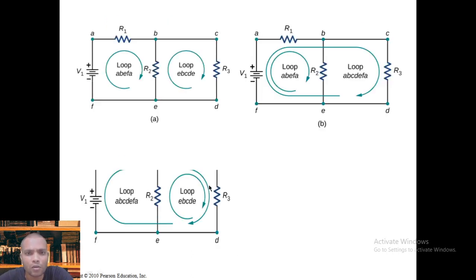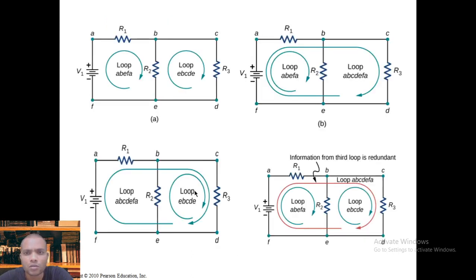While applying loops, be careful not to consider a loop that we already considered. In the fourth figure, if you notice, the loops A, B, E, F, A and E, B, C, D, E already cover the components in the given network.